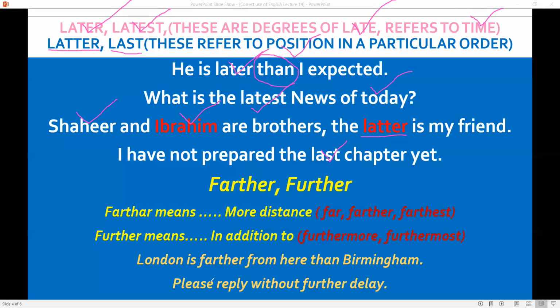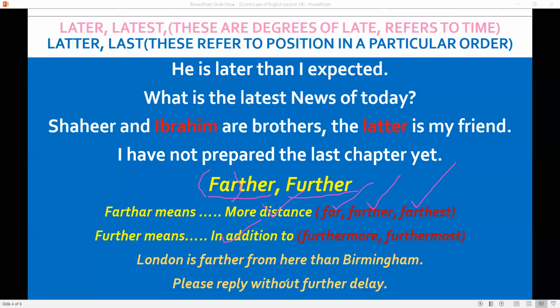Now, another words, farther and further. Farther is from far. Far means distance. Near, the opposite of near, far means more distance. Far, farther, farthest, in distance. Further means in addition to. London is farther from here than Birmingham.